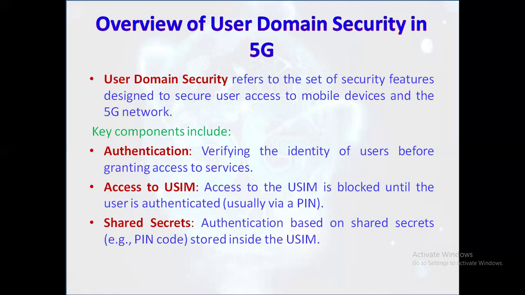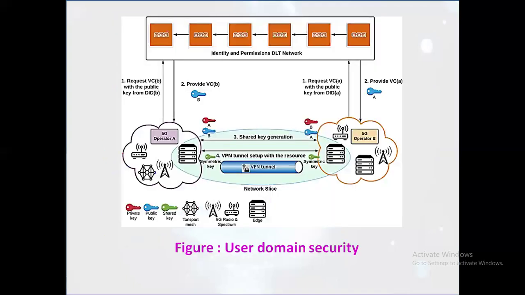The PIN code is stored securely with the USIM and, when entered correctly, allows the device to communicate with the USIM and verify the user's identity. This authentication process prevents unauthorized access to the network and ensures that only legitimate users can access services like voice, data, and messaging on the 5G network.